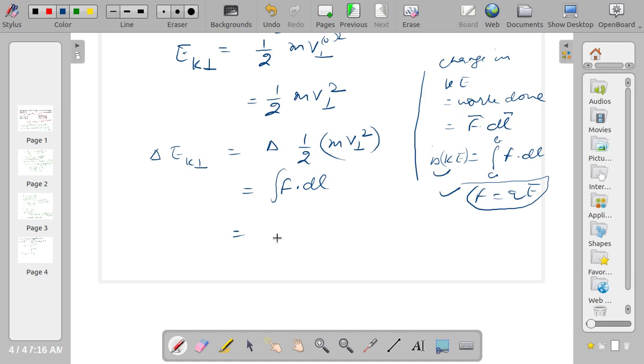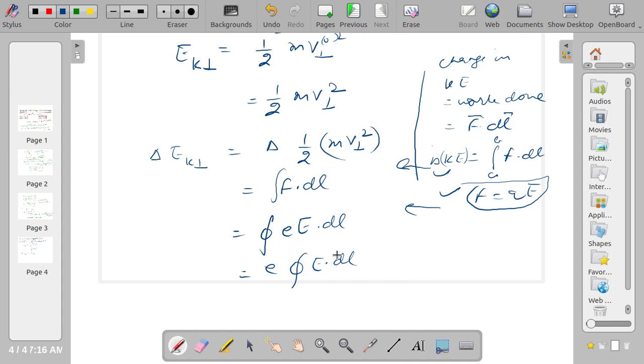So keeping this in mind, this is F dot dl, and now this F is nothing but qE. If we have an electron, charge moving over a closed path, then q E dot dl, and q can be taken outside, the closed integral of E dot dl.